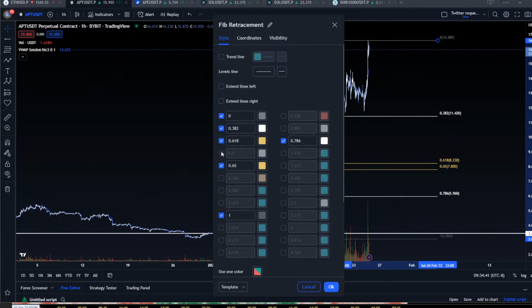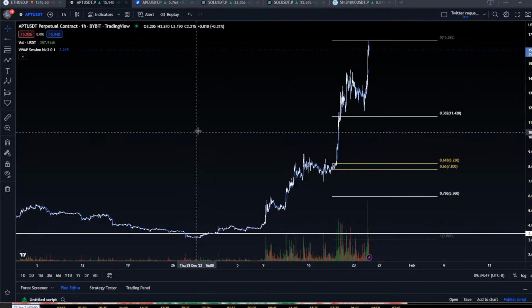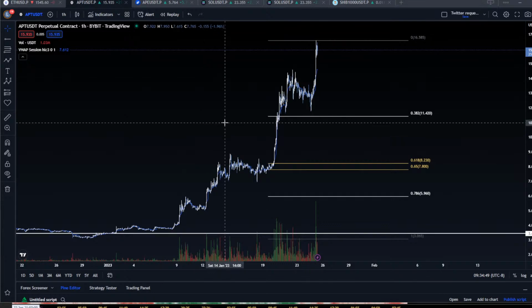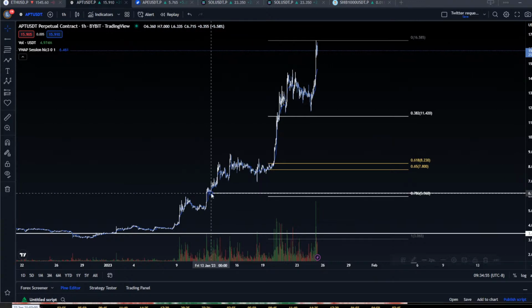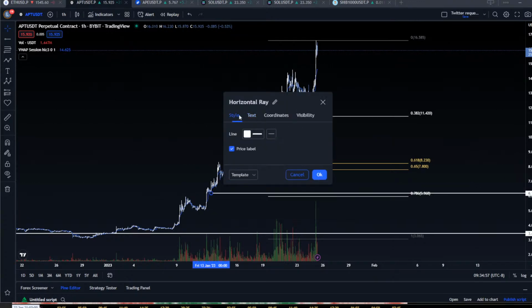All right. Yeah, so I'll just tell you some setups I'd be interested in. If somebody said, you got to trade APT, what would you be looking at? Let me make this line thinner.